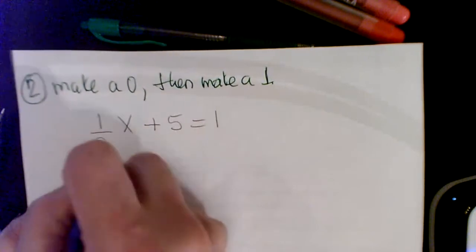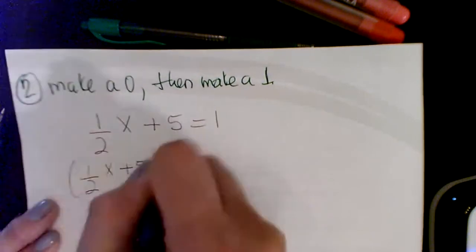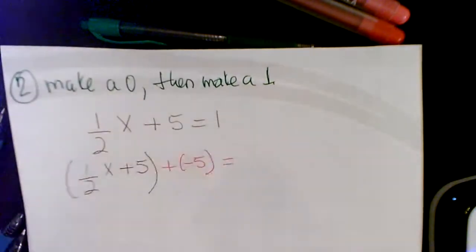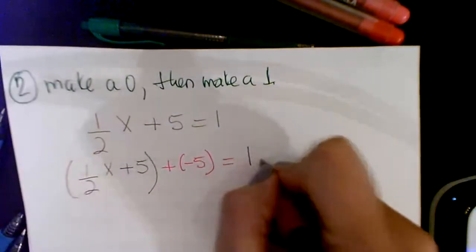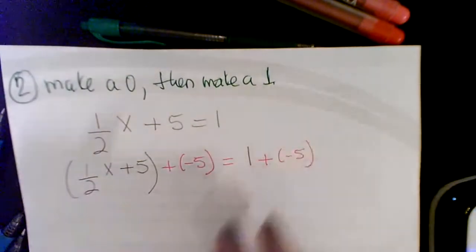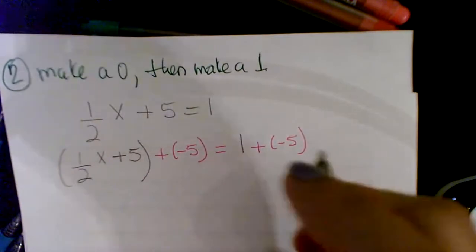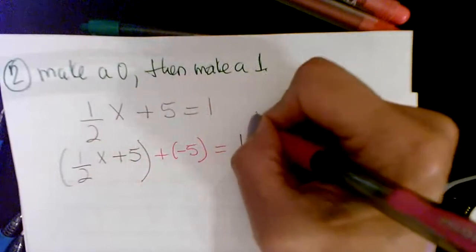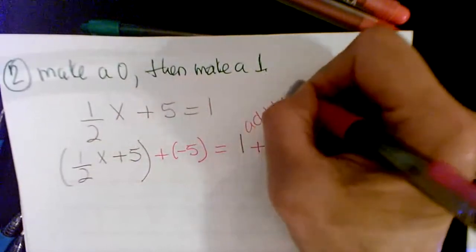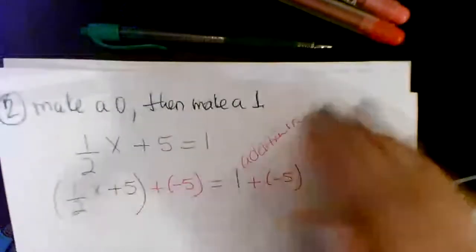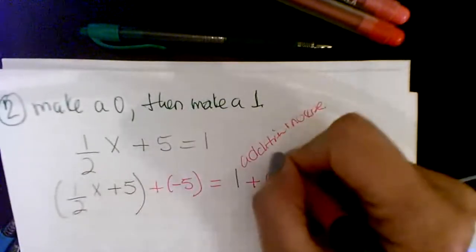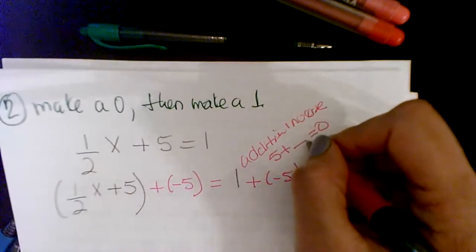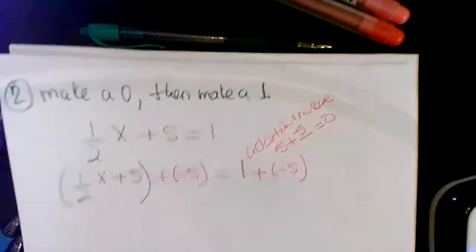So we're gonna take 1/2 of x plus 5, and we are going to subtract 5 on both sides. Okay? That's the additive inverse. Five plus what will give me 0? And this number is -5.